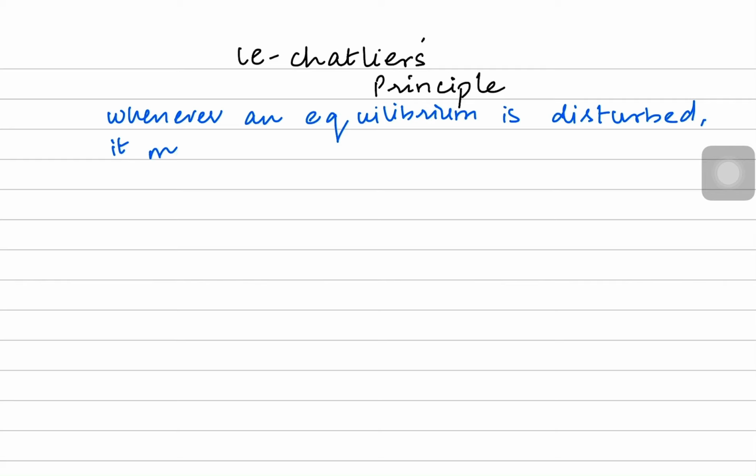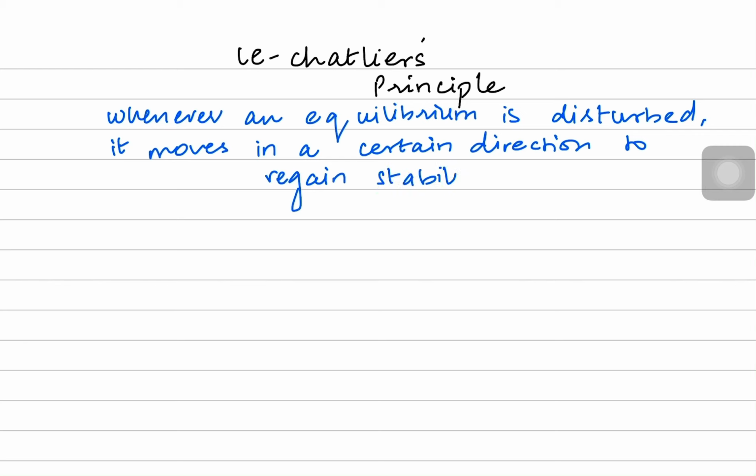It moves in a certain direction, either to the left or to the right, to regain stability. That is not just chemical equilibrium, but any kind of equilibria. But we are going to study it with reference to chemical equilibrium.